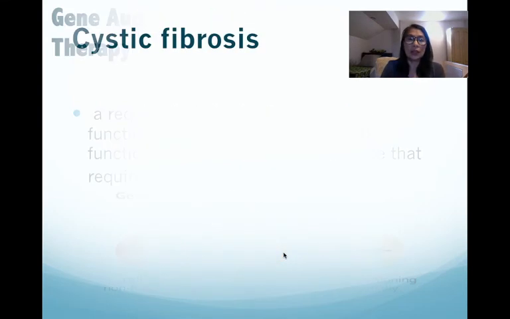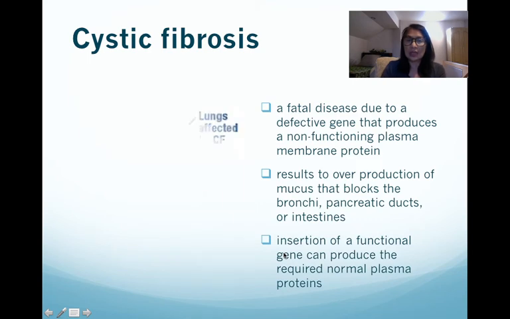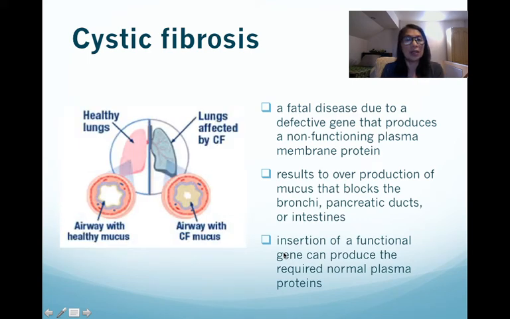Another example for this is cystic fibrosis. Cystic fibrosis is actually a fatal disease, and this is brought about by a defective gene that produces a non-functioning plasma protein. So the result is the overproduction of mucus that will block the airways or the different ducts in the body.